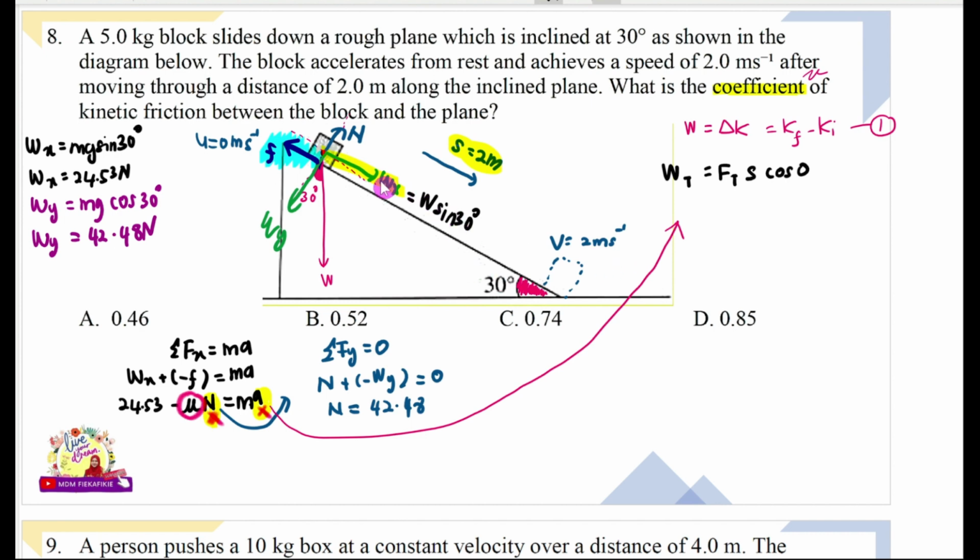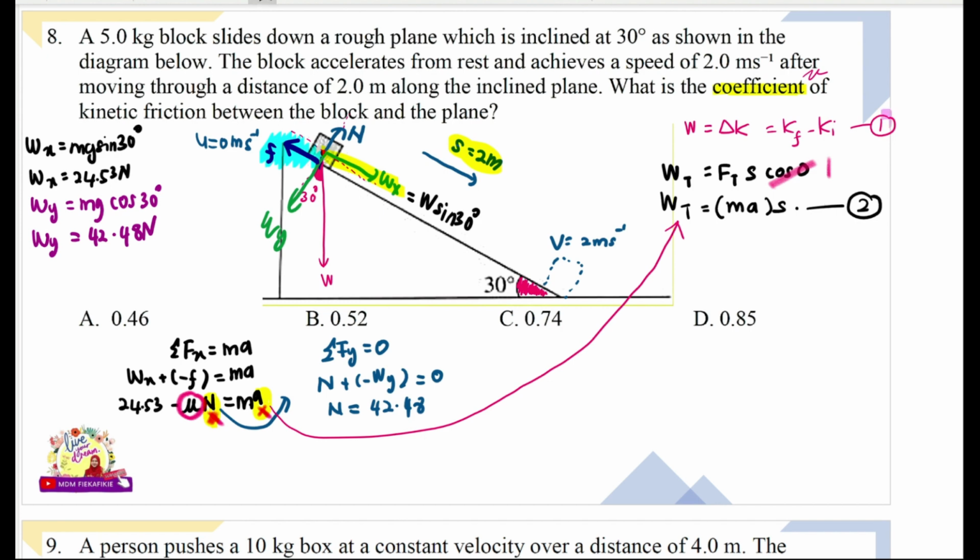And Ft, the total force daya bersih tadi, must be same direction as the displacement S. So sebab tu cos kosong, angle between Ft and S is 0. Okay, so daripada sini kita tahu W total is also equal to Ft, the total force, which is ma times S. So this is the second equation.